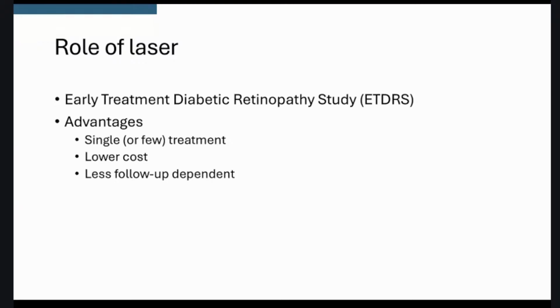So the initial machine might cost you, but for each individual patient encounter, the cost overall is less than with interventions that we have. And it is also less follow-up dependent. With anti-VEGFs, the patient needs to come every month for the injection.